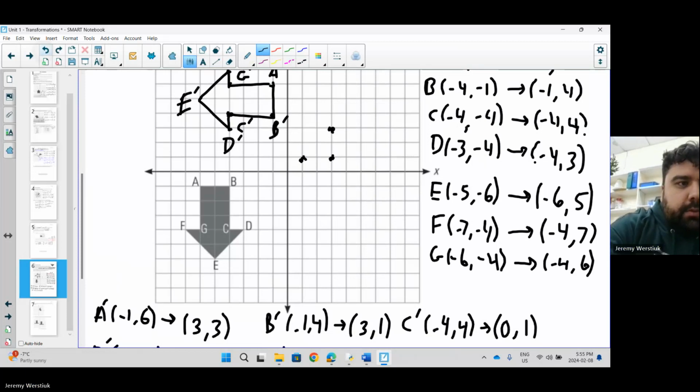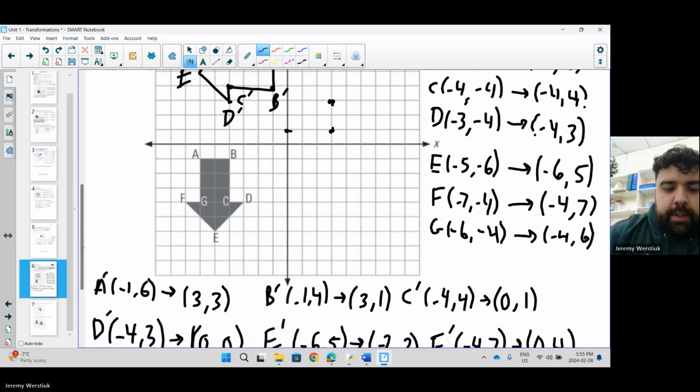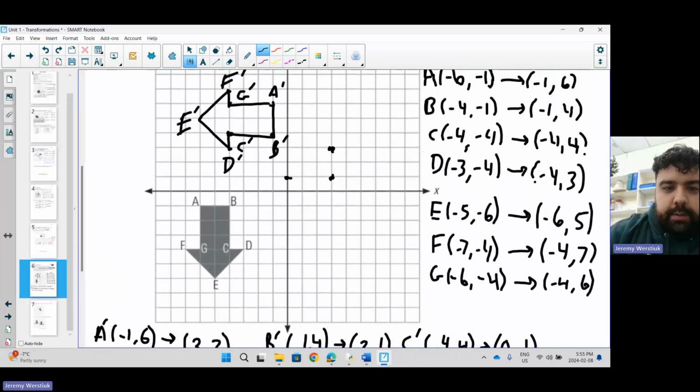Oh, no, sorry. 0 comma 1 is actually right there. D is at 0 comma 0. My E double prime is going to be right up here. F double prime right up here. And then G double prime right there.